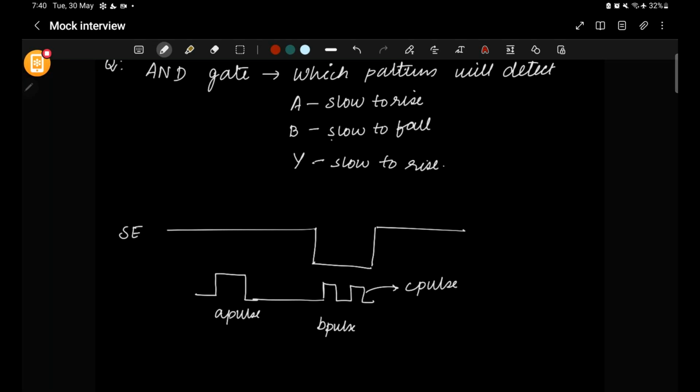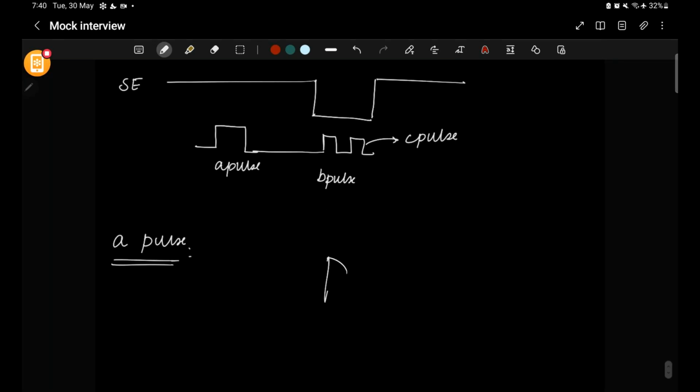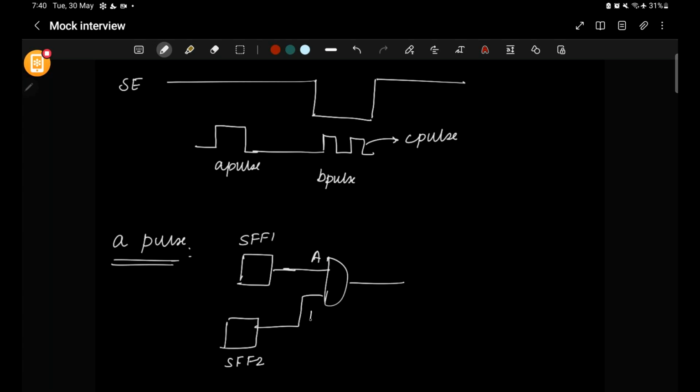Now during A pulse, if it is to detect A slow to rise, what the tool will do is, this is scan flop 1, this is scan flop 2, this is A, B, and this is Y. Scan flop 3.